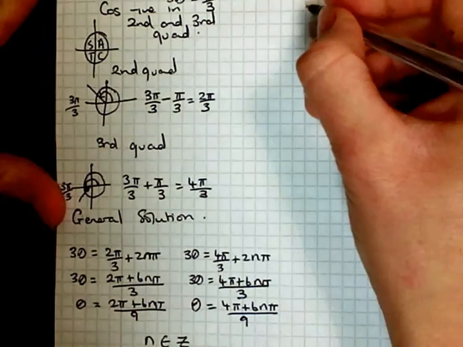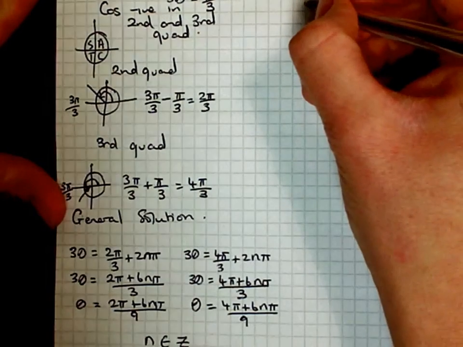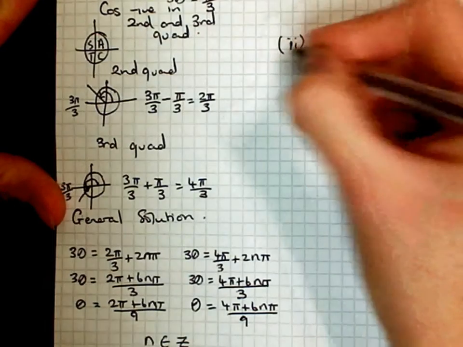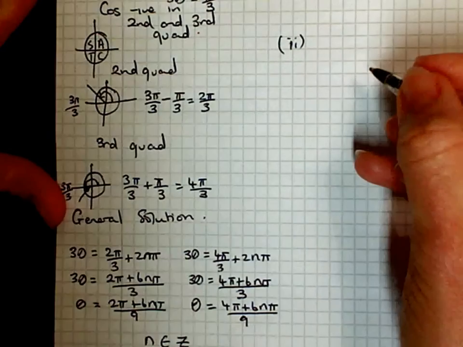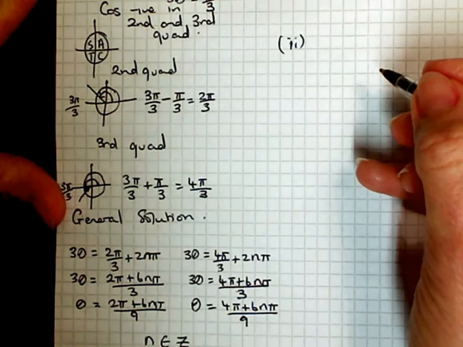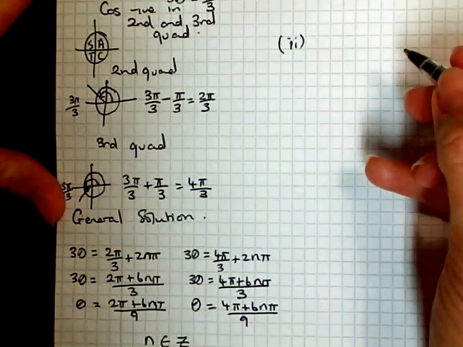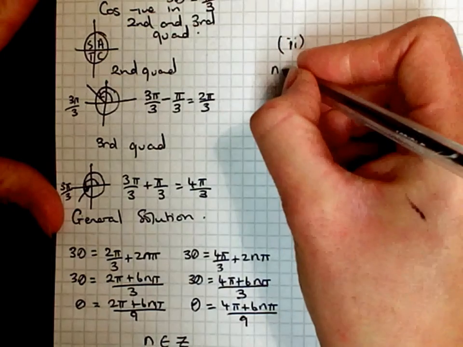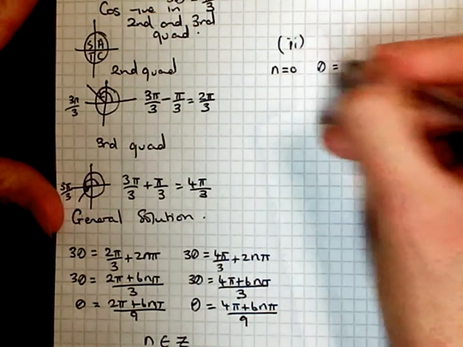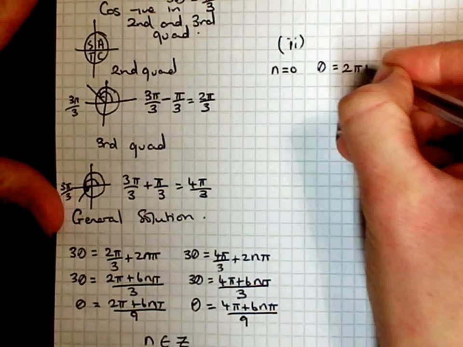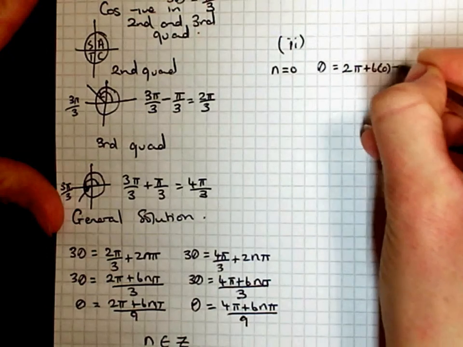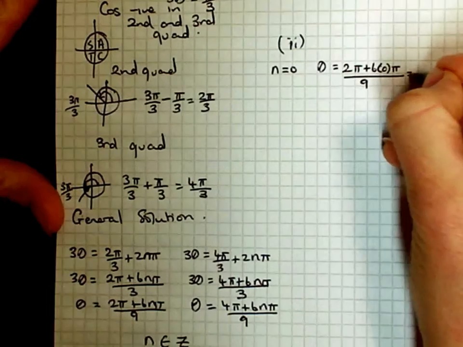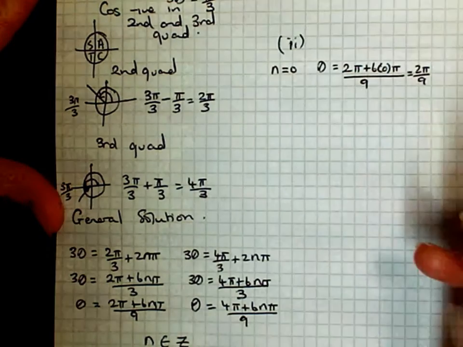Now part 2 of the question is asking us to solve the equation in the domain theta greater than or equal to 0 degrees and less than or equal to 2 pi. So what we do is we take our 2 general solutions. First of all, we solve for n equal to 0. So theta is equal to 2 pi plus 6 times 0 times pi all over 9, and that works out to be 2 pi over 9.